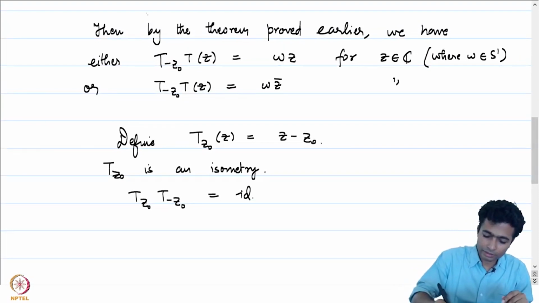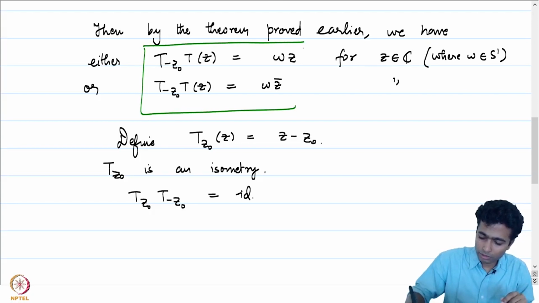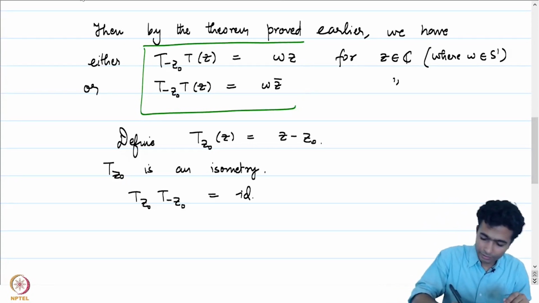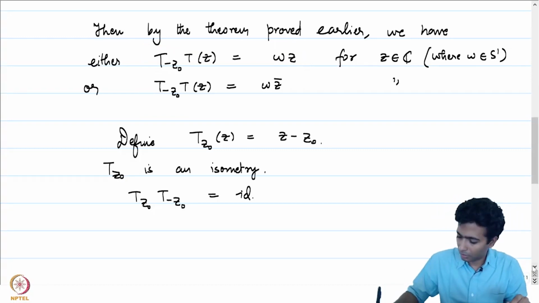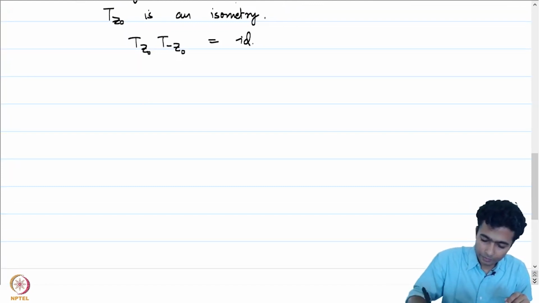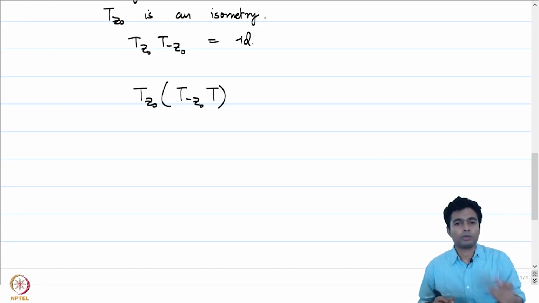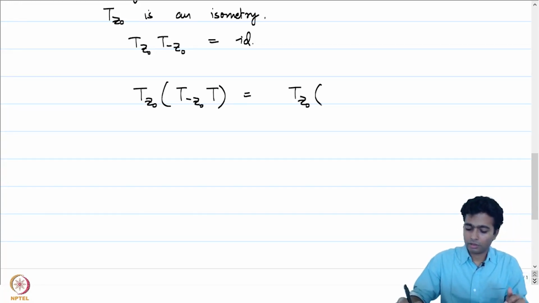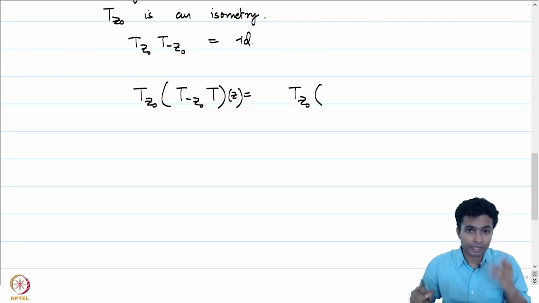And now let's go back to where we are, in this box that will be relevant for us. Let's see how. Then T z0 of T minus z0 T. What is this going to be? Let's evaluate it at a point z.